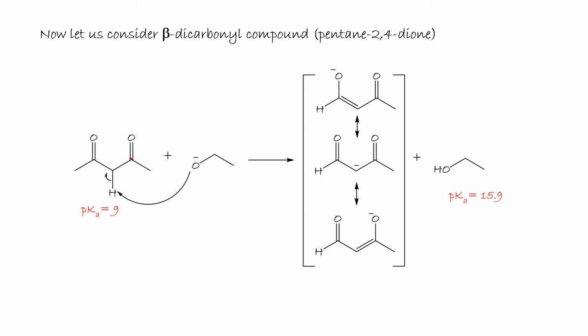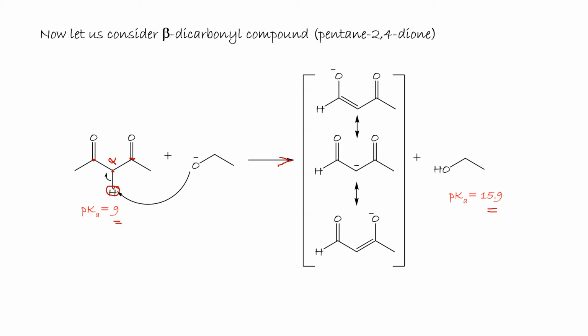We have also a dicarbonyl compound. Here the alpha hydrogen, or alpha proton, to each carbonyl has pKa 9, so it's a strong acid compared to ethanol at 15.9. The reaction will go to the weaker acid this way. But why is this so acidic?